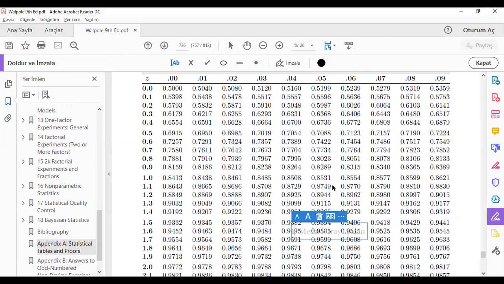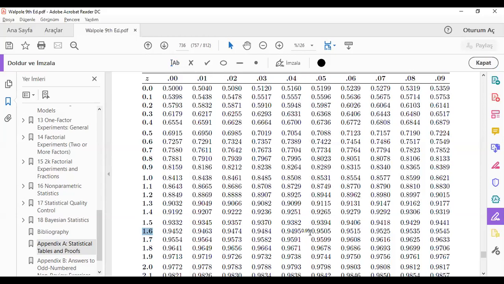So here, 0.95 is somewhere in between. And it turns out that this value is equal to 1.645.